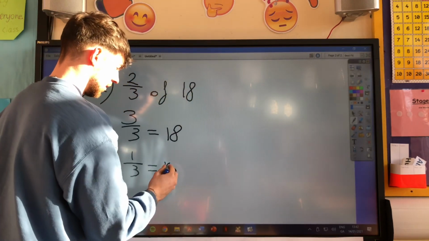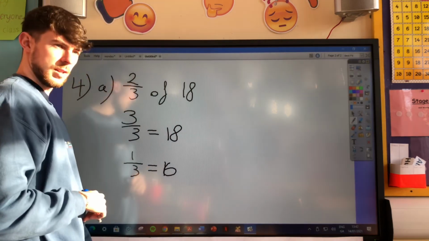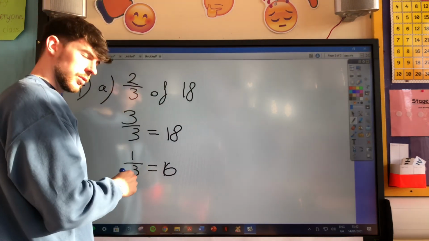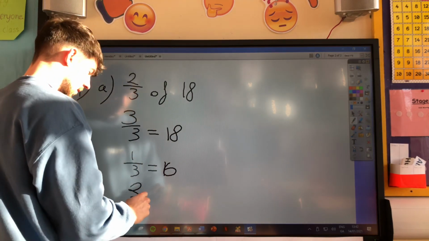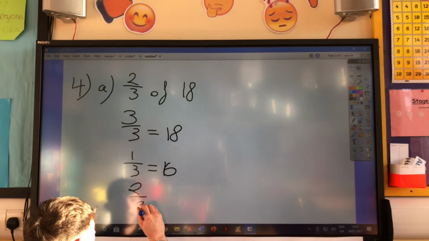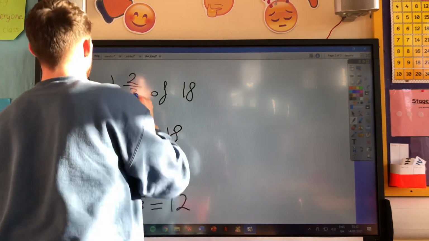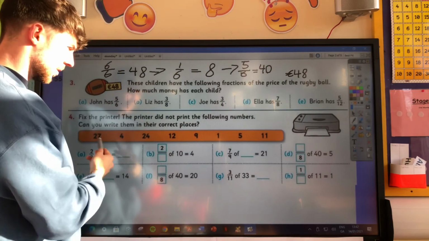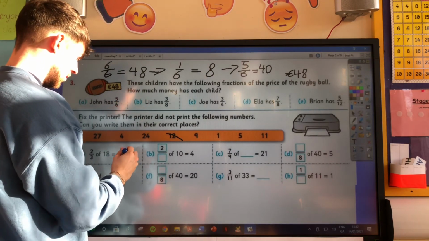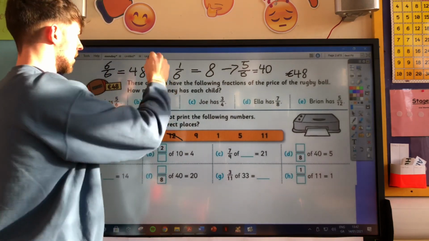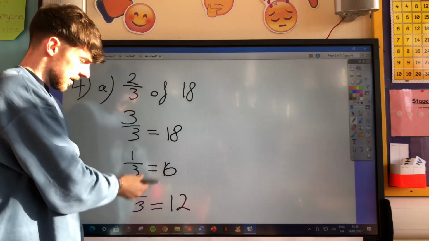So what's 2/3? 2/3 is equal to 12. So our answer for the first one is 12. Is it up there? Yeah, perfect. So you're going to write that into your copy, just like this.